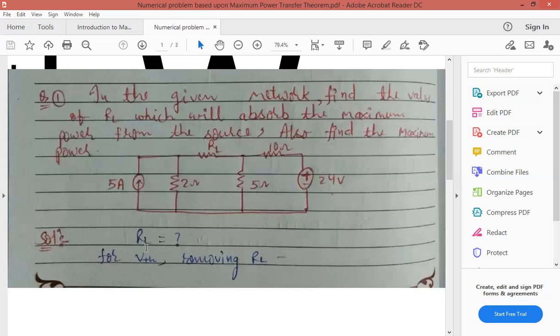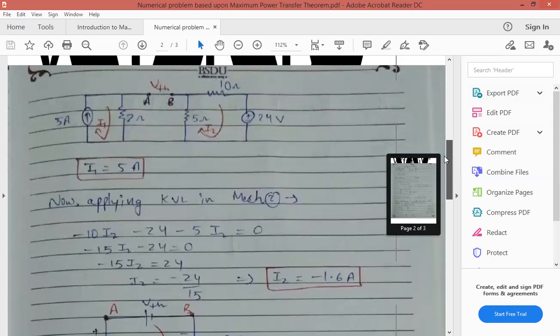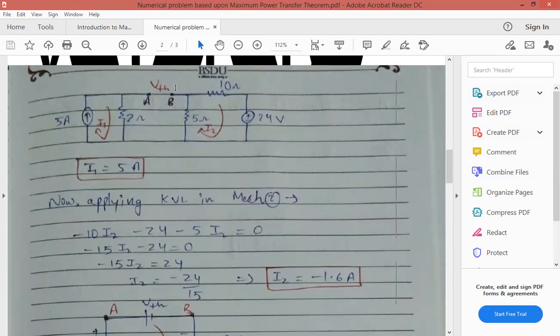So for VTH, we will remove the load resistor RL from here. When we remove the load resistor RL, we will get two open ends, A and B. Across these two open ends, we have to find the value of VTH.